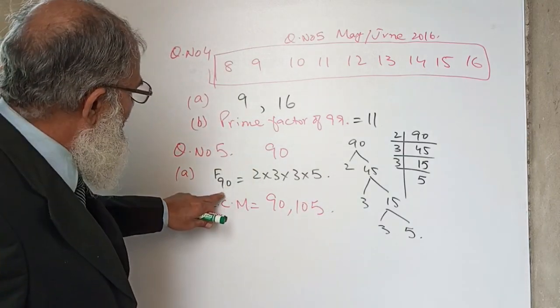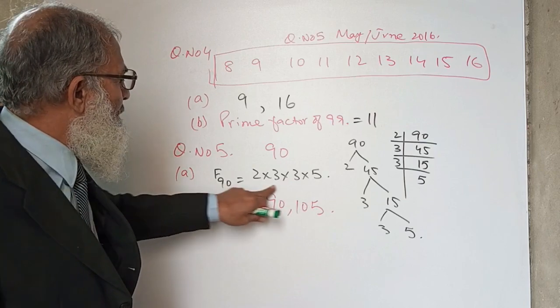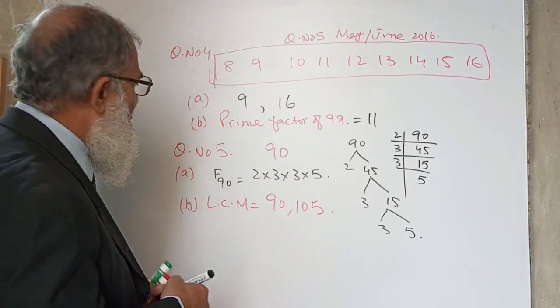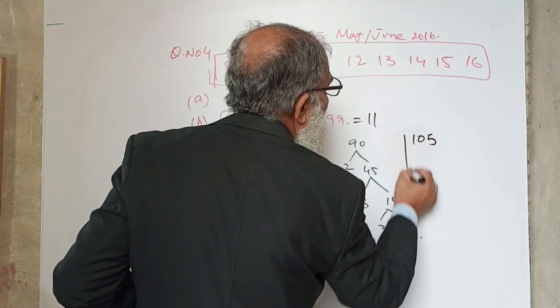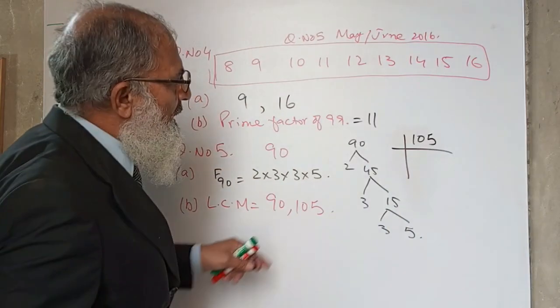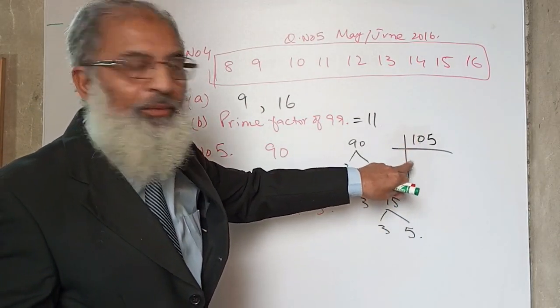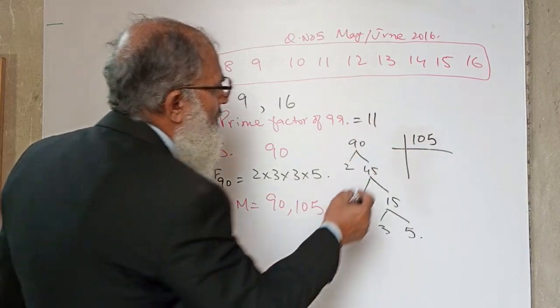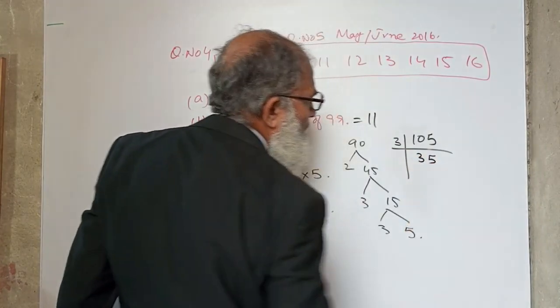Now you see that we have already broken 90 into factors, and we have to find the factors of 105 as well. 105. Now you see that this is not divisible by 2. It is divisible by 3 because the unit is 6. 3 times 35, 3 times 5 times 7.